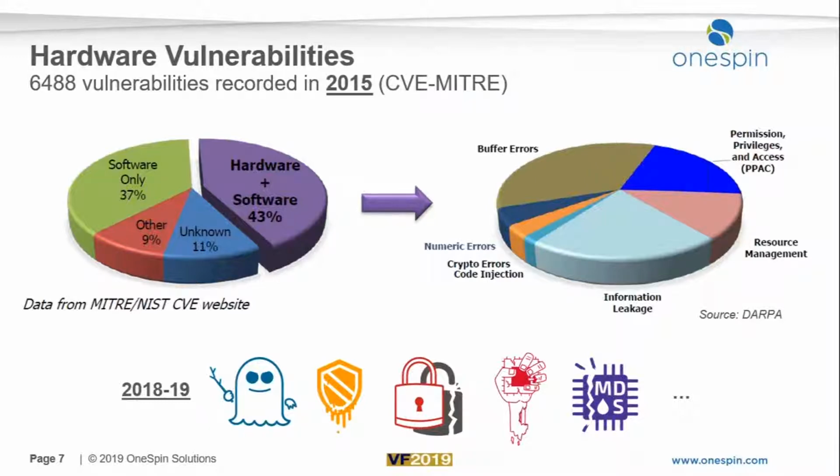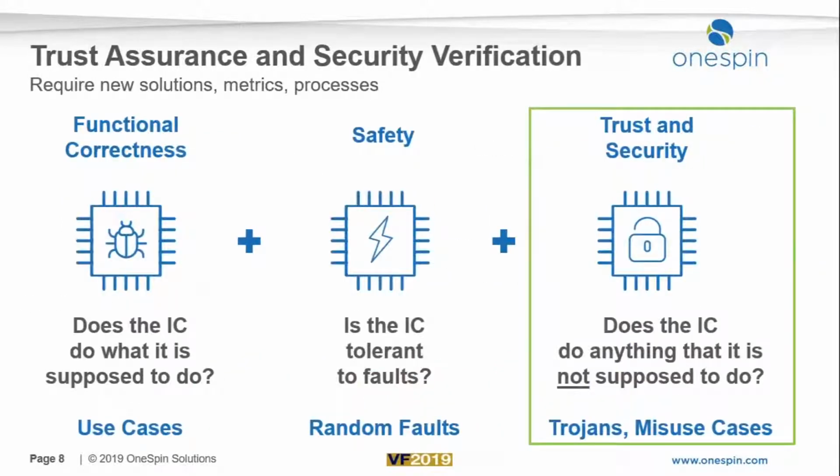So we have, in a sense, two issues. One is making sure there are no vulnerabilities in the hardware. And secondly, perhaps also using more advanced hardware security mechanisms. If we look at it in terms of users: functional correctness is about whether the IC does what it's supposed to do, and if you produce an IC, these are your customers, they want the IC to work.